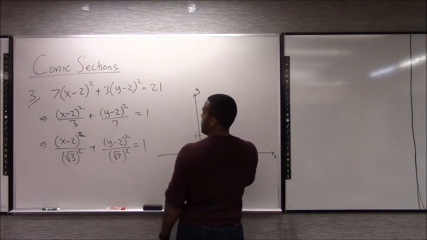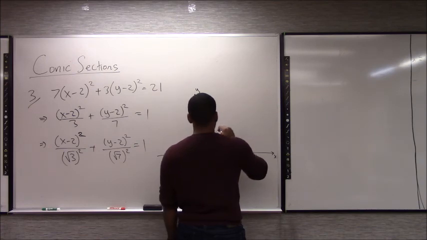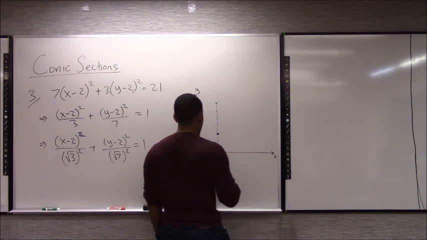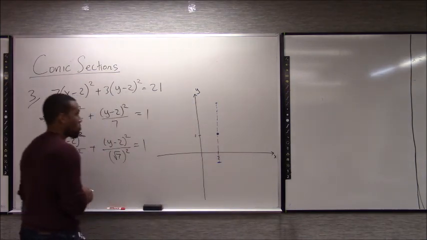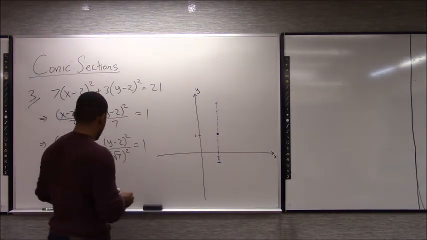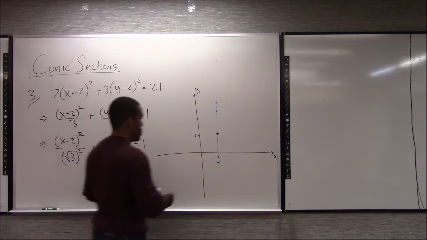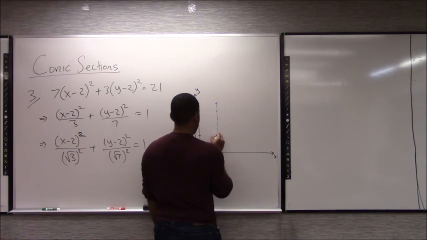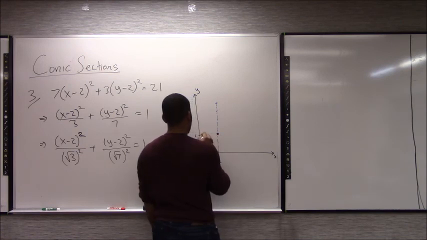Go up by radical 7, which is somewhere between 2 and 3. That'll actually bring us below the x-axis here. And we would do left and right by radical 3. Radical 3 is a little less than 2, so we don't actually get all the way to the x-axis there.